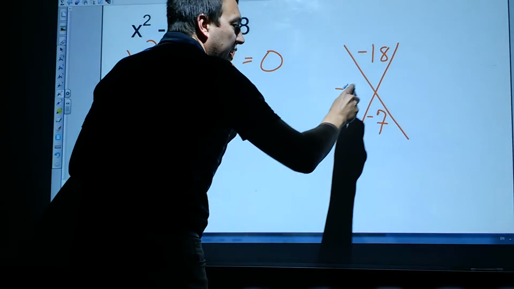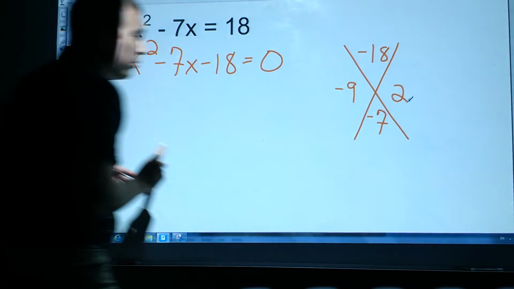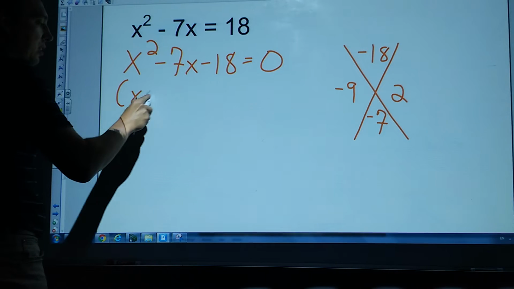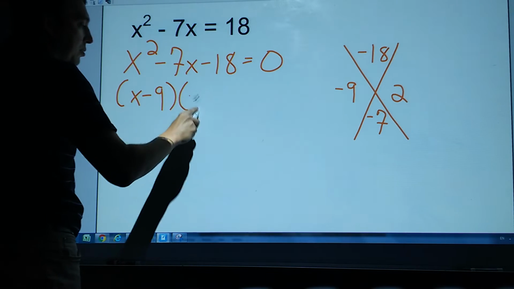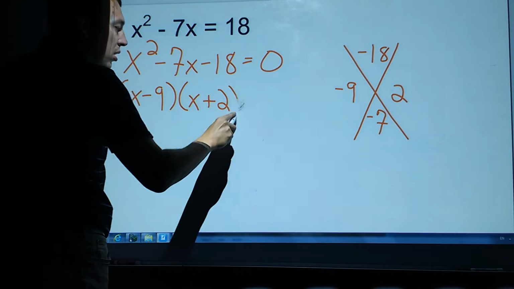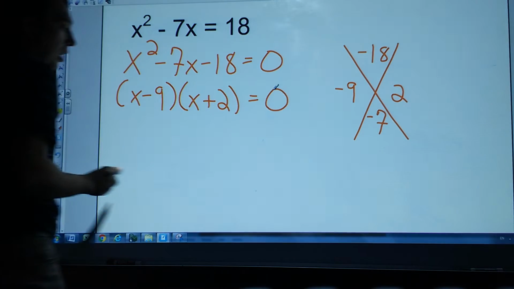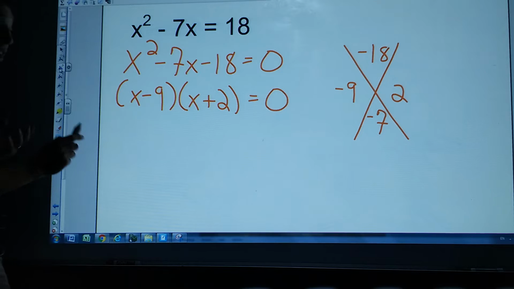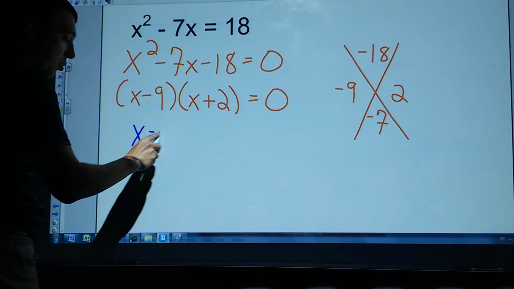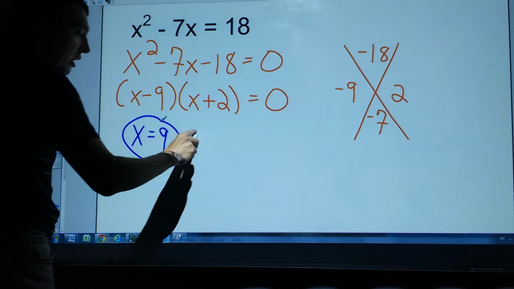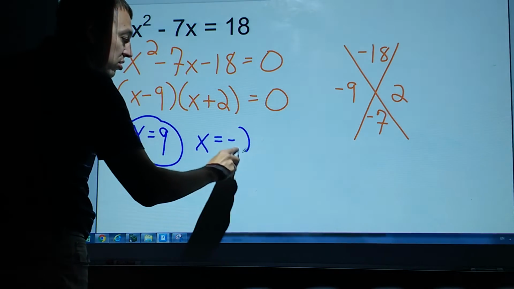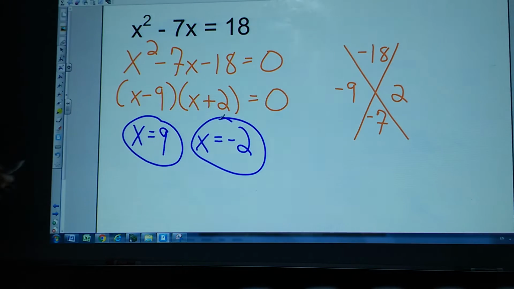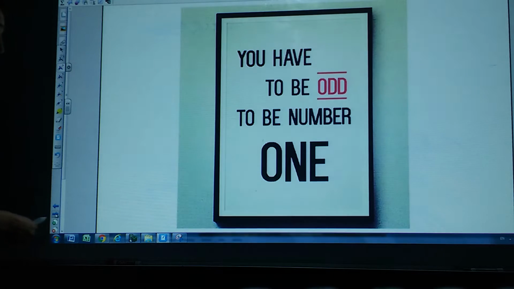I believe that is negative 9 and positive 2. So this should be x minus 9 times x plus 2. I'm going to set each parenthesis equal to 0. And since you've already done this one, you know that the answers are x equals 9 and x equals negative 2. Let's go on to a different type of problem.